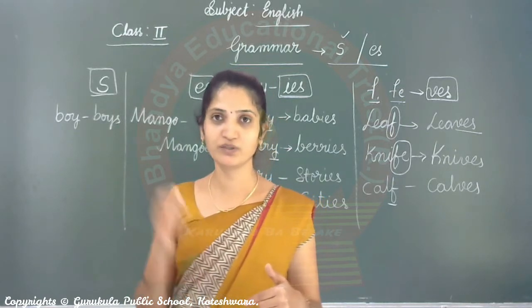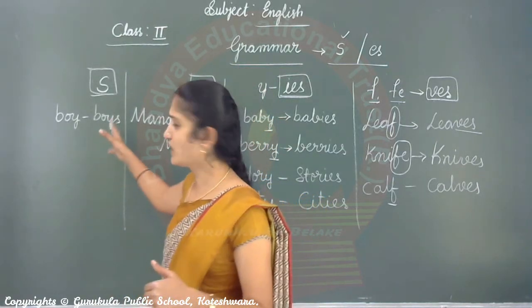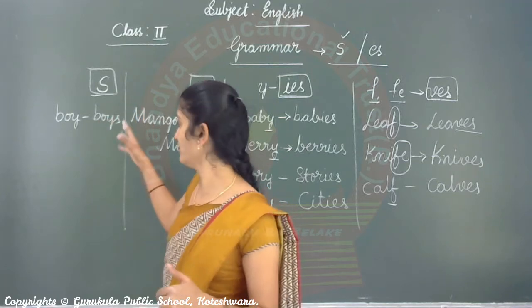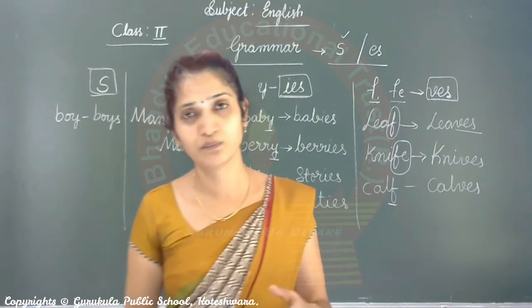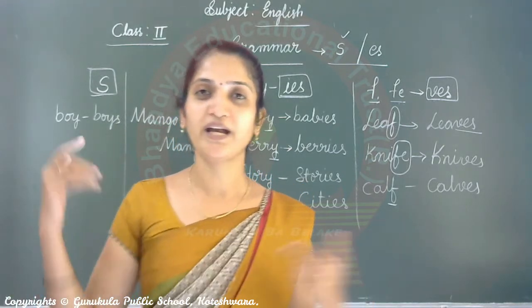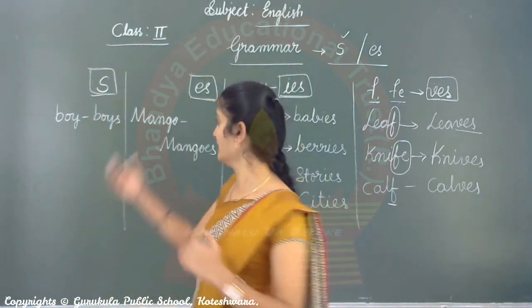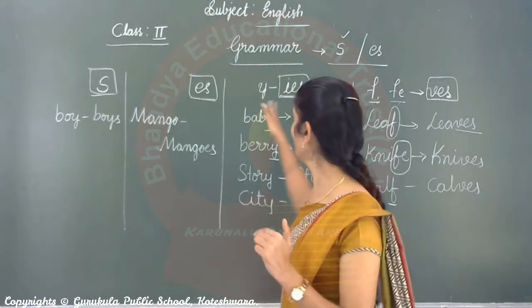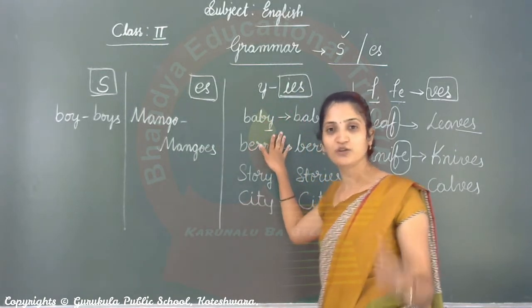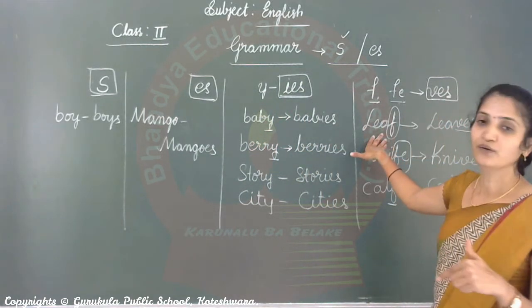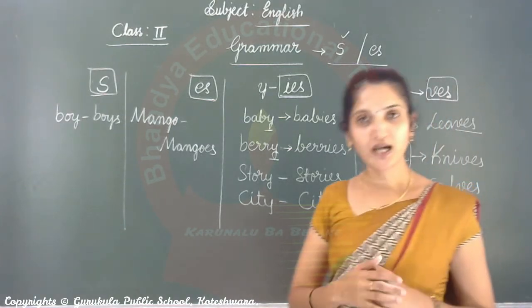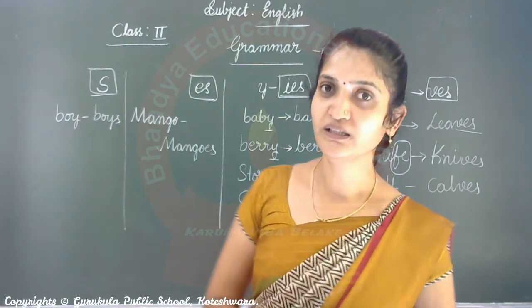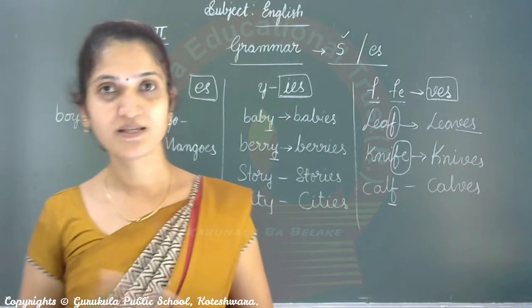These are the naming words, right? If you want more than one thing or person or place or animal, you can add S. If it needs ES, you can change it. If it needs IES, you can change it. If it needs VES, you can do all this. I thought everyone got this concept very well.